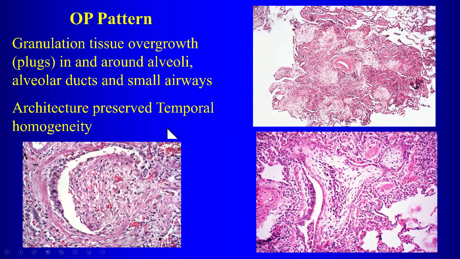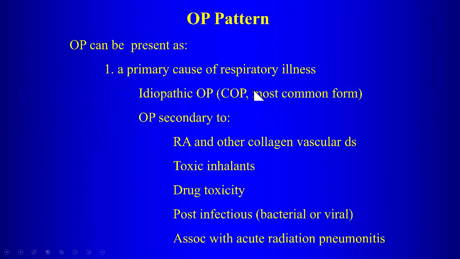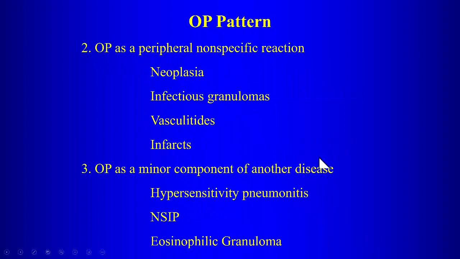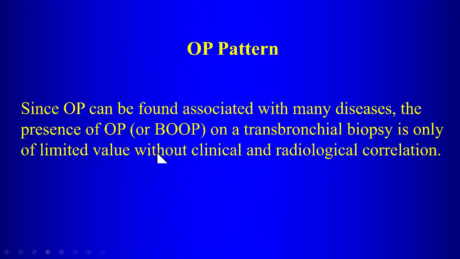The architecture is preserved, and it is temporally homogeneous, meaning that the different parts of the biopsy look very similar. Now, an organizing pneumonia pattern can be associated with many other diseases, not necessary for you to memorize the list. But the point is, if it's idiopathic, we call it cryptogenic organizing pneumonia, but it can be found in many other diseases. Just about any disease you can name might be associated with an organizing pneumonia pattern on biopsy.